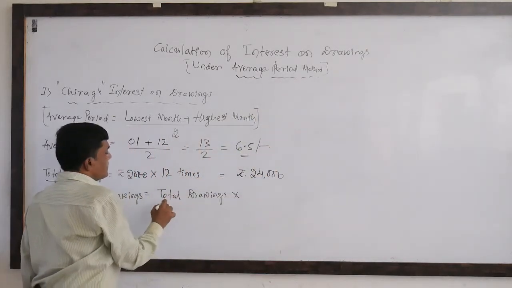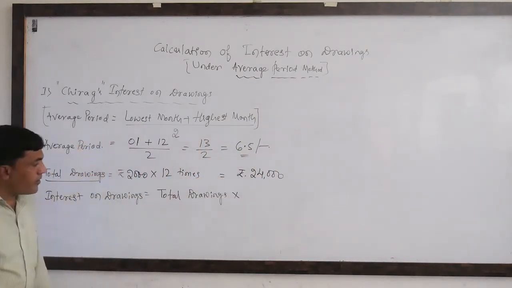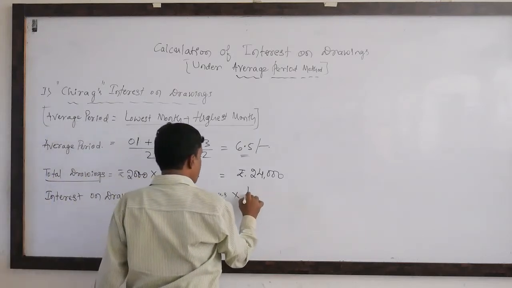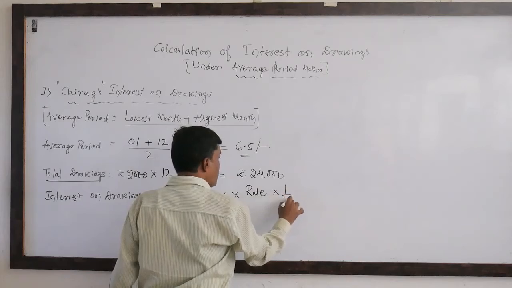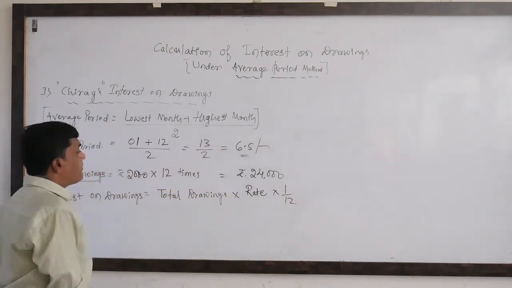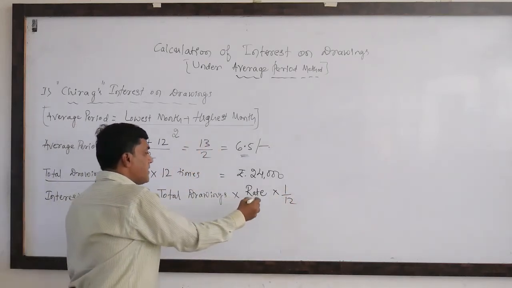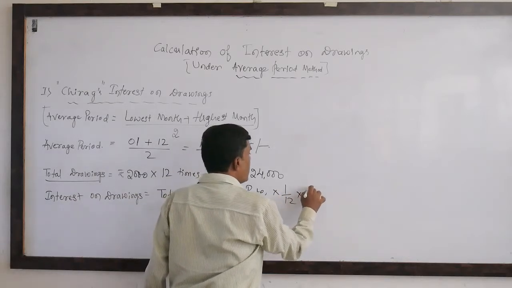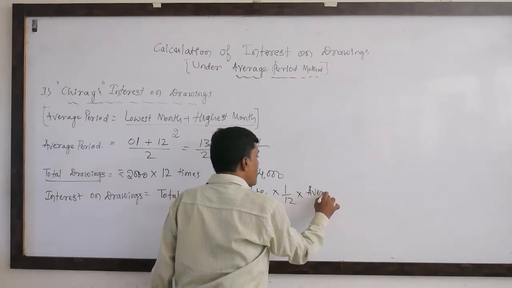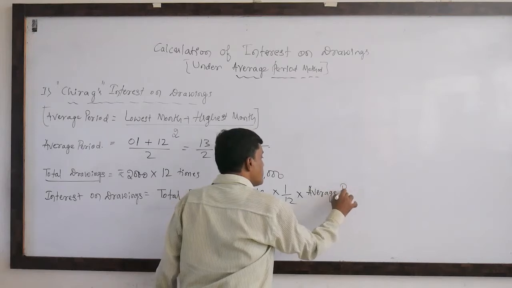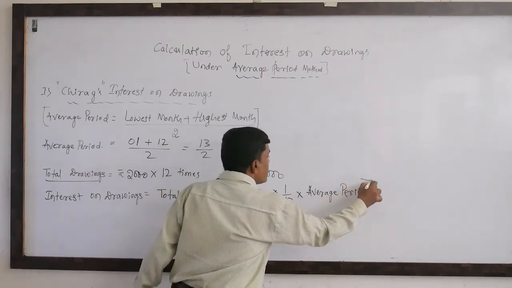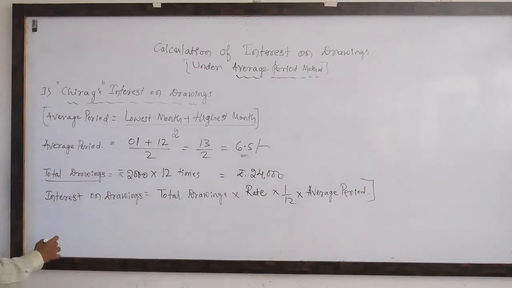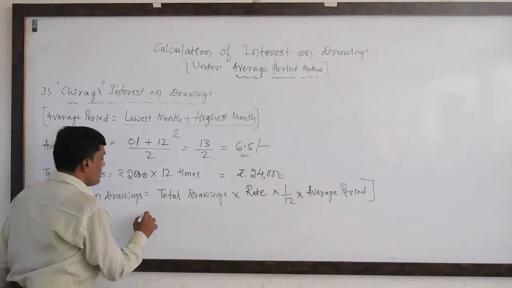That is the reason we have written total drawings into rate into 1 by 12, as 12% is per annum, into average period. We should not forget this average period. So it is the equation for calculation of interest on drawings under average period method.